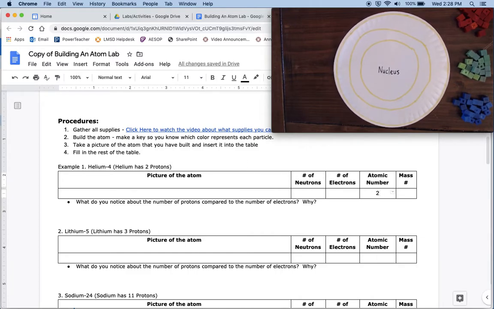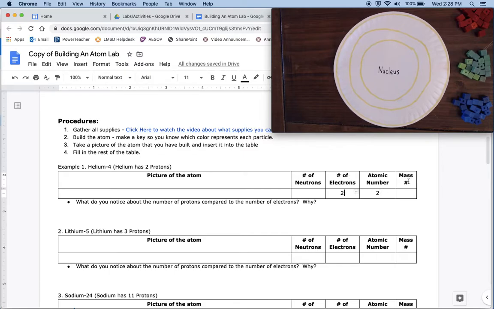That also tells me the number of electrons. I should also have two electrons because protons are positive, electrons are negative, which means they have to cancel out. So you have to have the same number of positive things in the nucleus as negative things. Based on that, I could do that.